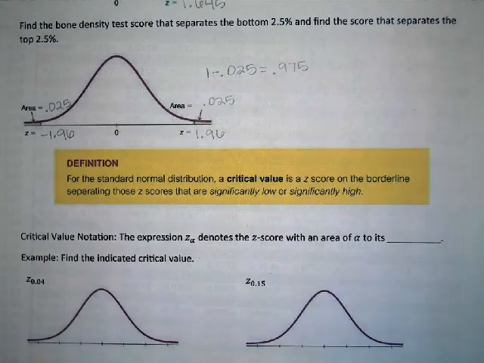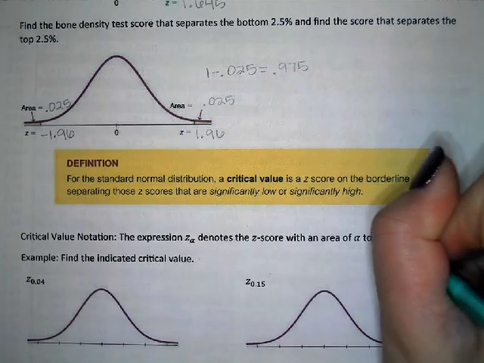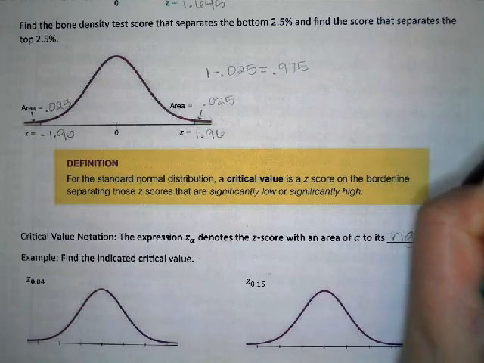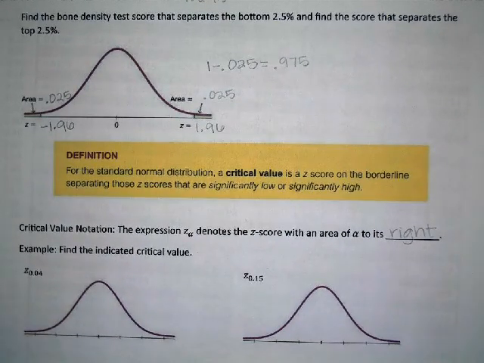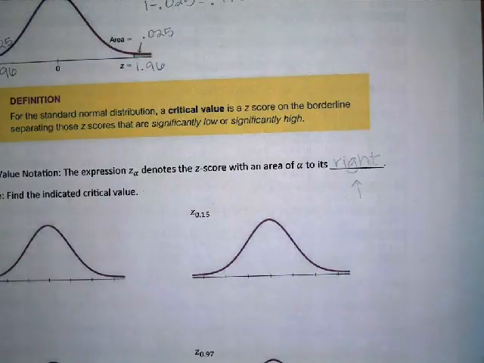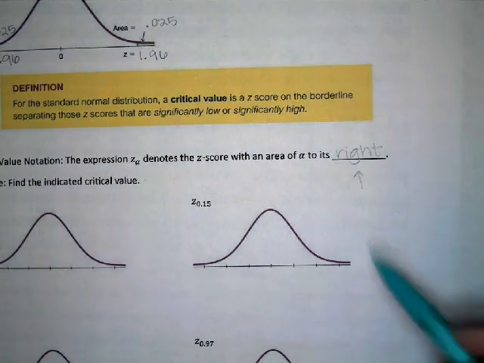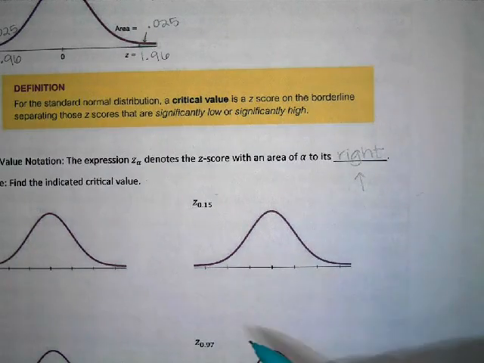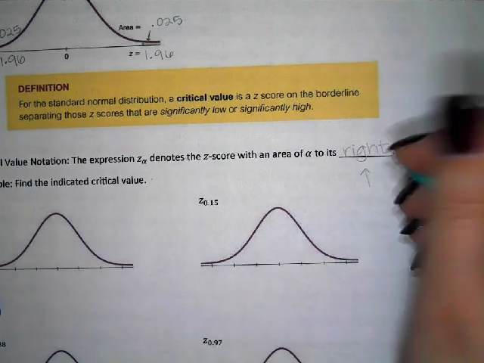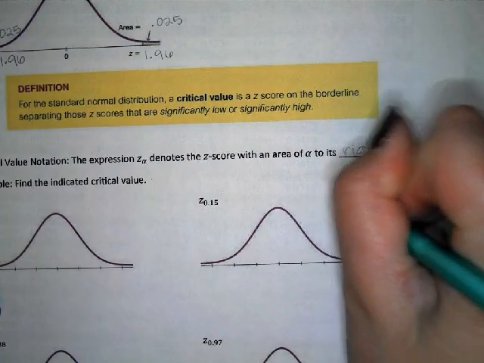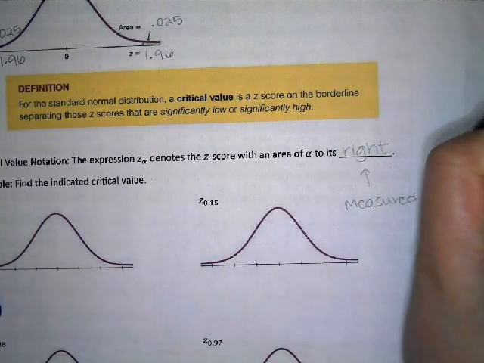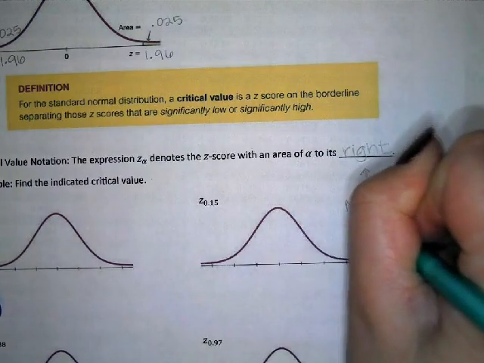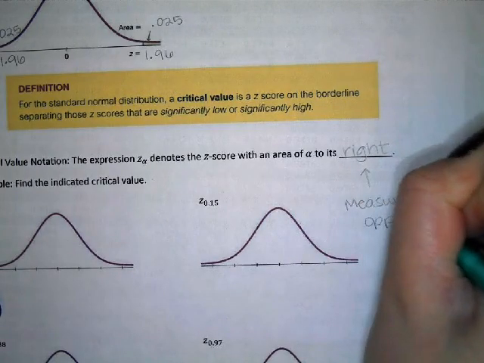So this is exactly the opposite of how our table gives us the measurements, okay? So I'm gonna write this in my notes because when we do this, we're always gonna have to do a little bit of math because we're measuring the wrong direction. So this is measured the opposite of the table. And you can highlight that, you can do whatever you need.